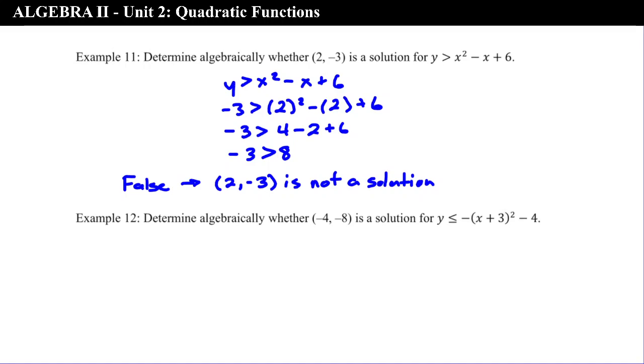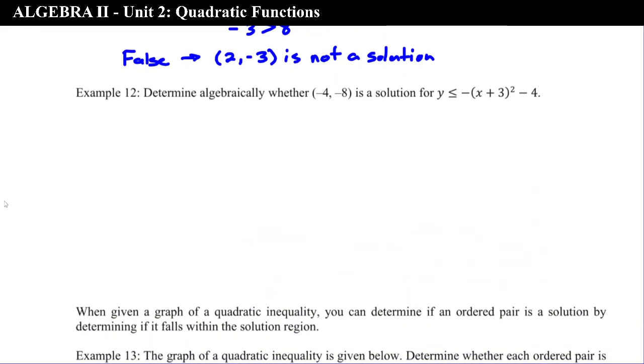And then one more example. We have y is less than or equal to negative (x plus 3) squared minus 4. Well, this is in vertex form, but that's okay. It's going to be the same thing. We're just going to plug in our y. We're going to plug in our x.